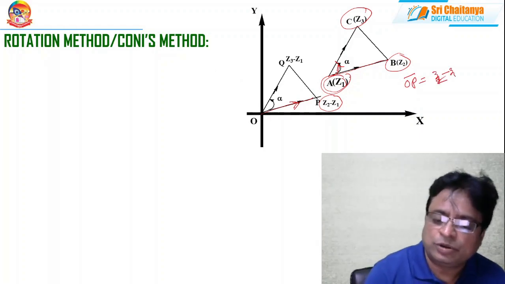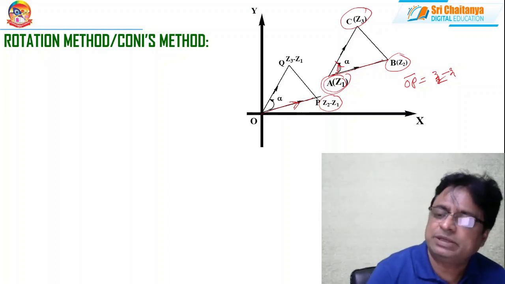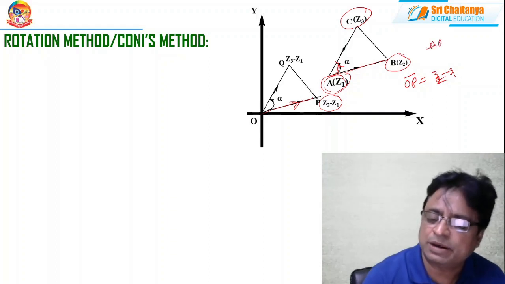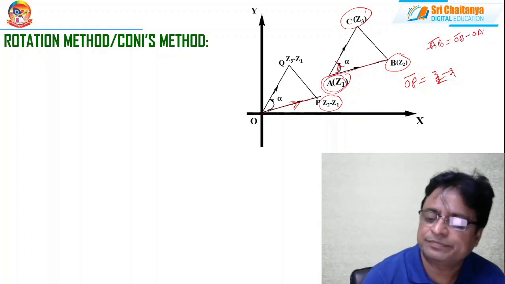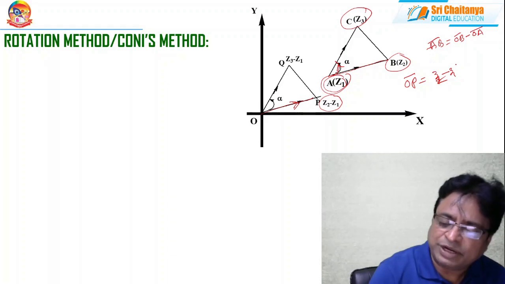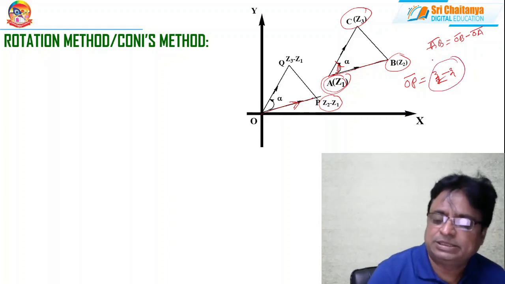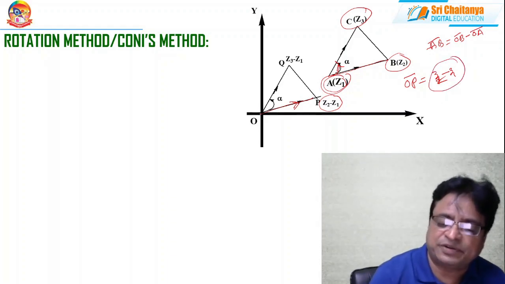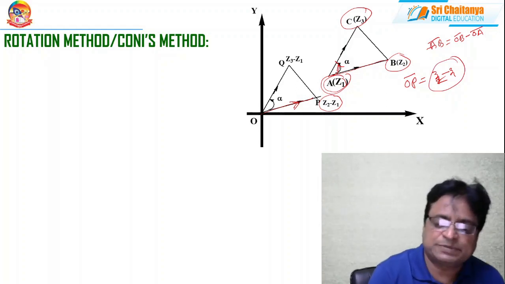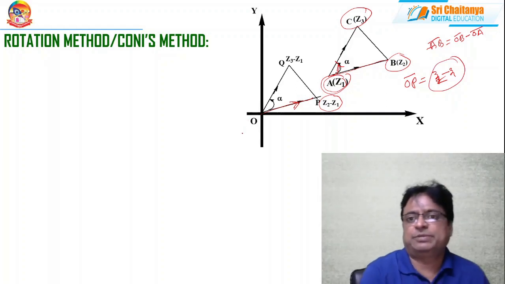How? This is nothing but AB bar. AB bar means OB bar minus OA bar. So what is the position vector of the point Z2 minus Z1, which I have represented with OP bar, with respect to the origin as my fixed point?